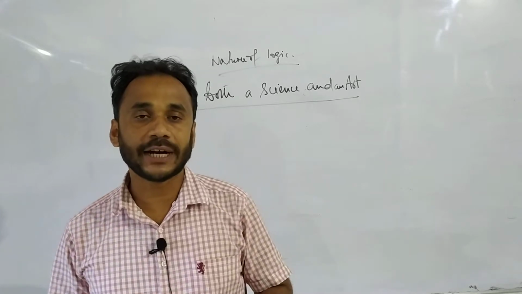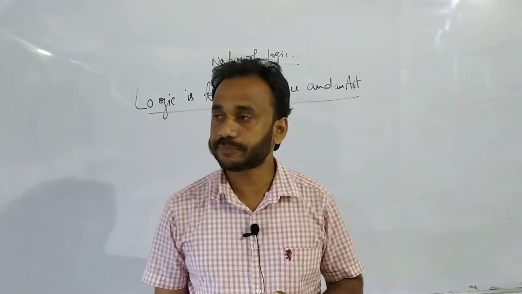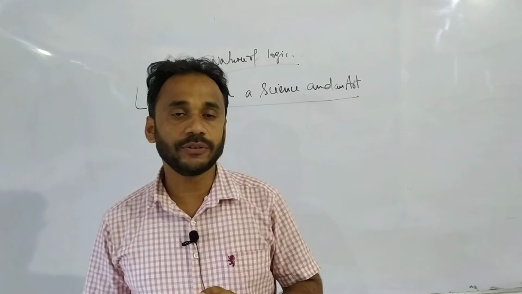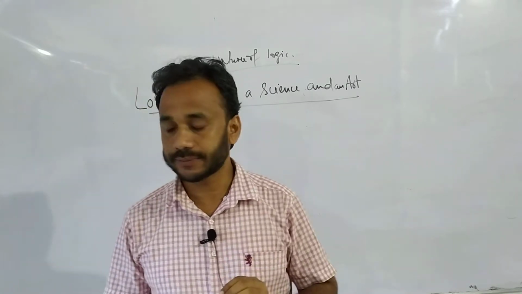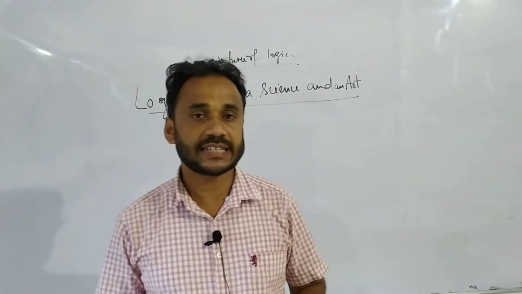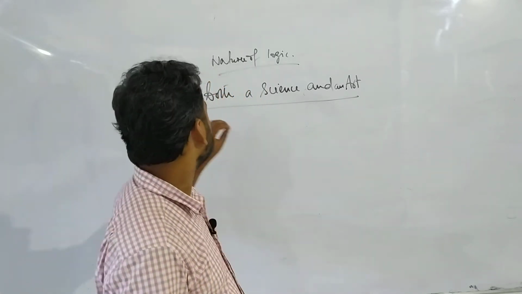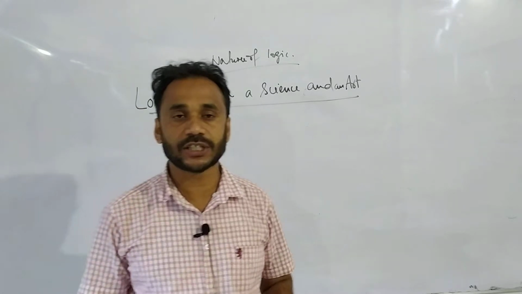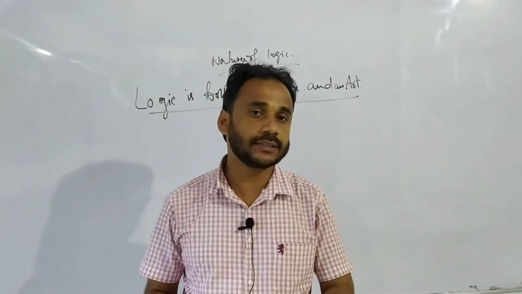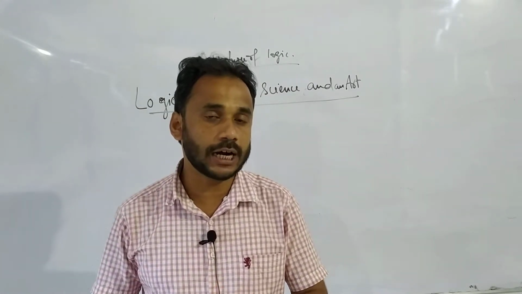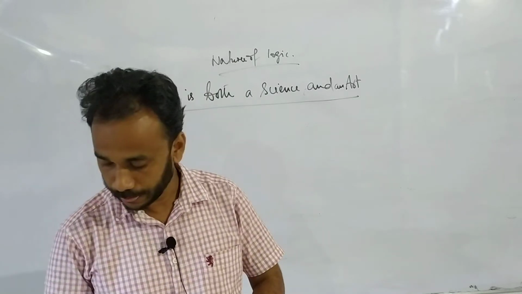There are 4 points, out of which we have already discussed 2 points, and today we are going to discuss the third point, that is, logic is both an art and a science.